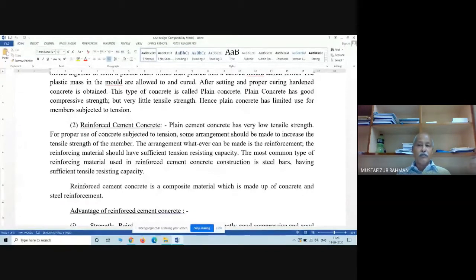And that particular point, as you have also learned, is called the neutral point, neutral axis, neutral layer.